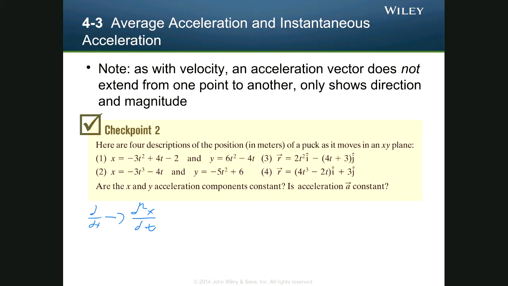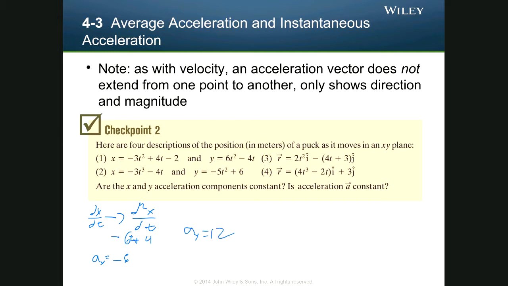So this is dx dt. All right. And we can see here that the first derivative will be minus 6 plus 4 t. And the second derivative, very simply, is minus 6. Right? So ax is going to equal minus 6. And we can see similarly ay will equal 12.